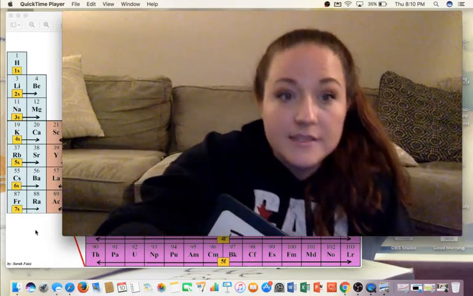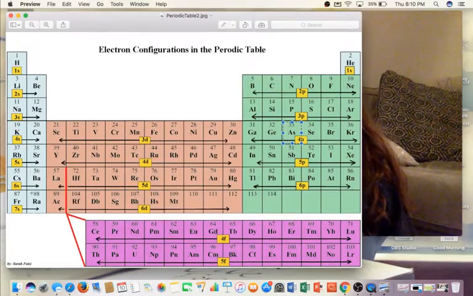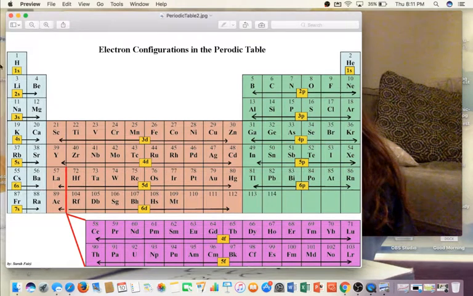I cannot express to you enough, little ones, that the S block is group 1 and 2. The D block is 3 through 12, and the P blocks are 13 through 18. All of your s orbitals start with 1s, hydrogen. Then 1s2 is your helium. Then it goes down to the next period to 2s, 3s, 4s, 5s, 6s, 7s.